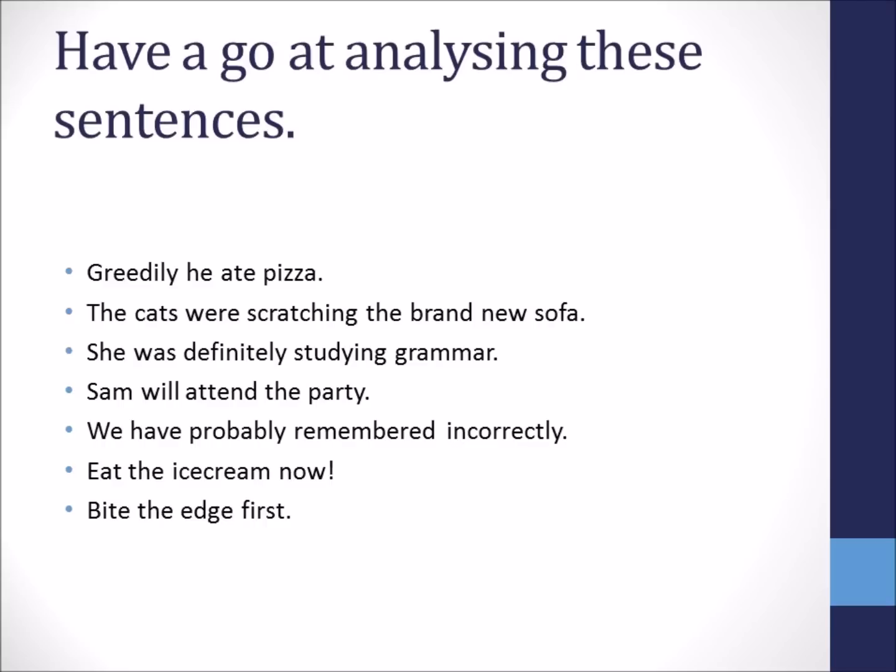Now remember, you don't have to have every single one for every single clause, and sometimes you have more than one participant in a clause. You'll never have more than one process or more than one action or happening, but you may have more than one participant.